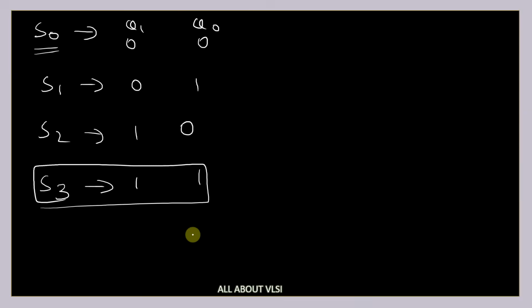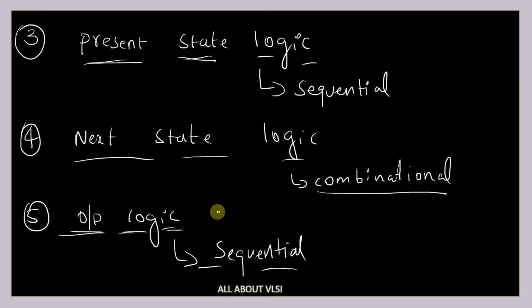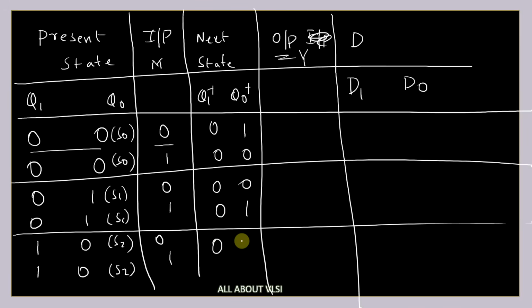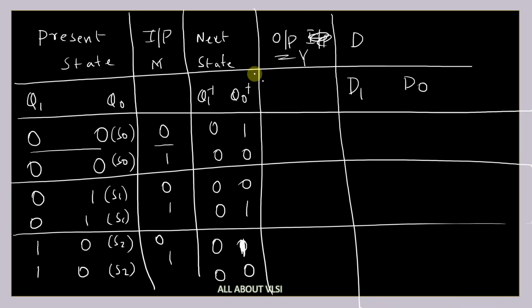And in S2 with input equal to 0, S1 state, or else I'm going to stay. So this is 0, 1, and this is 0, 0. And these are don't cares, because these particular states you don't have, right? So there will be no next state, invalid states.